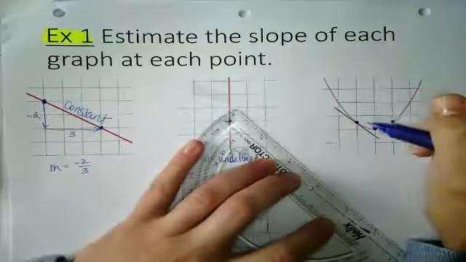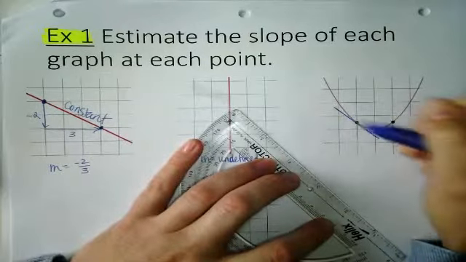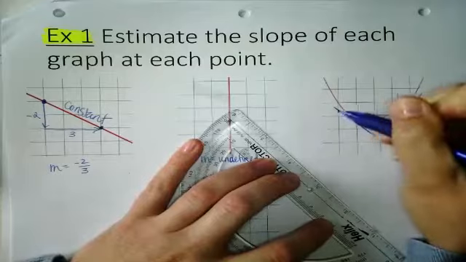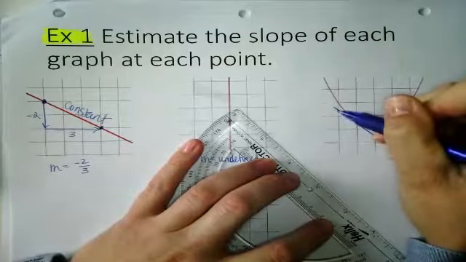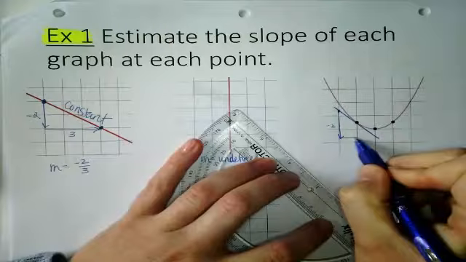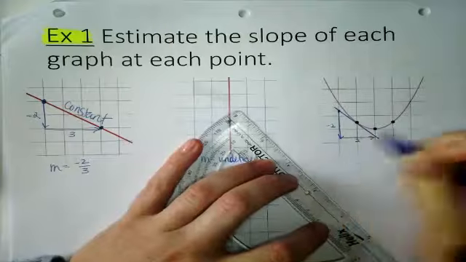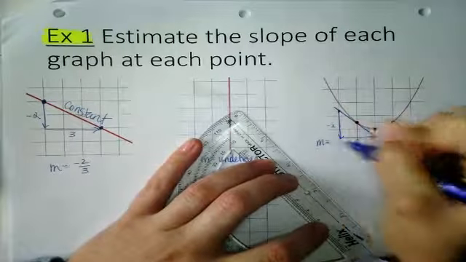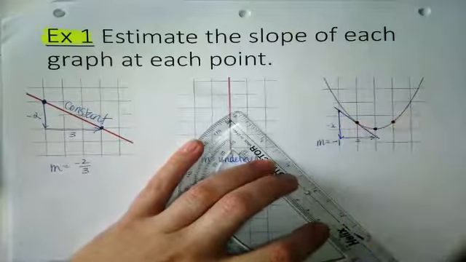And, well, let's see, those are relatively the same points. So I would say I would go down 1, down 2, and then over 1, over 2. So here we have what looks to be a slope of about negative 1.